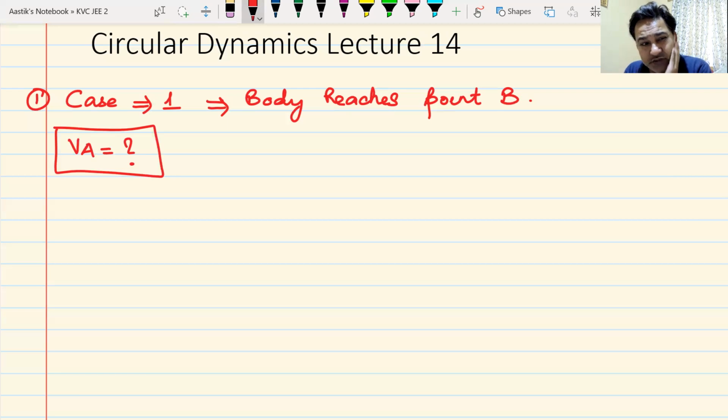If the body has to reach just point B, what is the speed at point A that makes it possible? Because everything depends on the speed at point A.